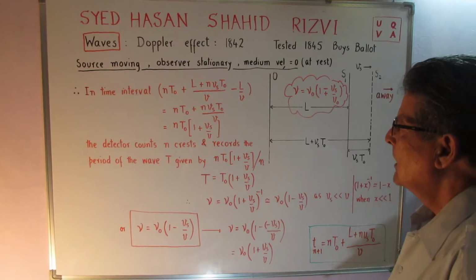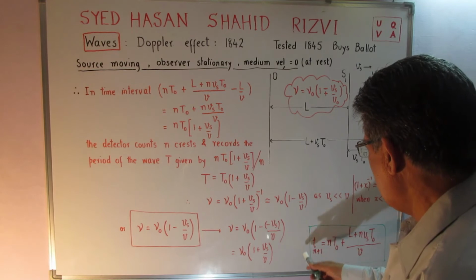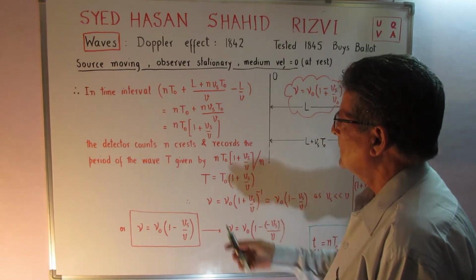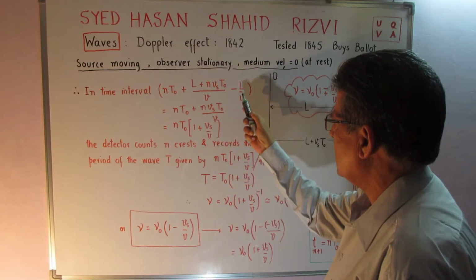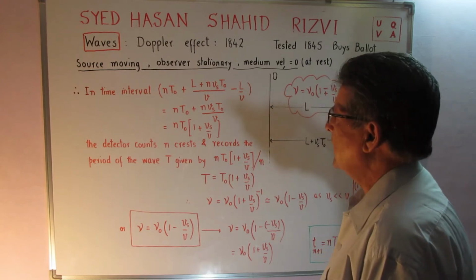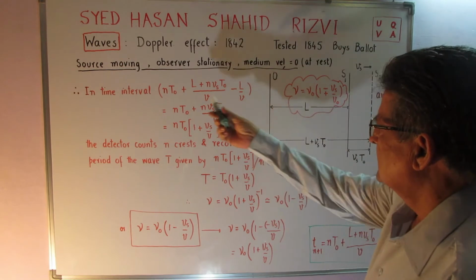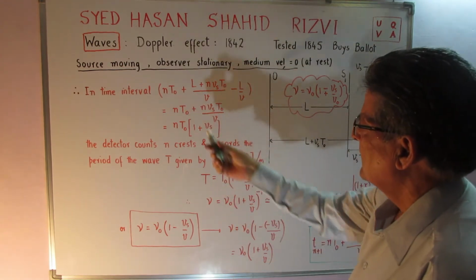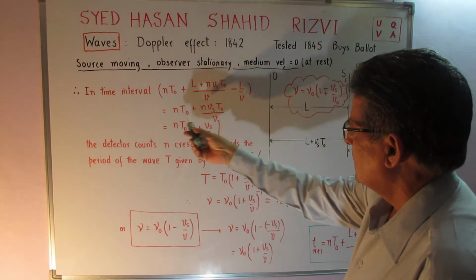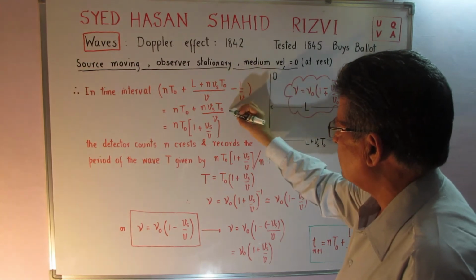Okay. So now if I subtract the time interval L upon v from this time, T(n+1), you can see L upon v and L upon v will cancel out, and you will get n T naught plus n Vs T naught divided by v.